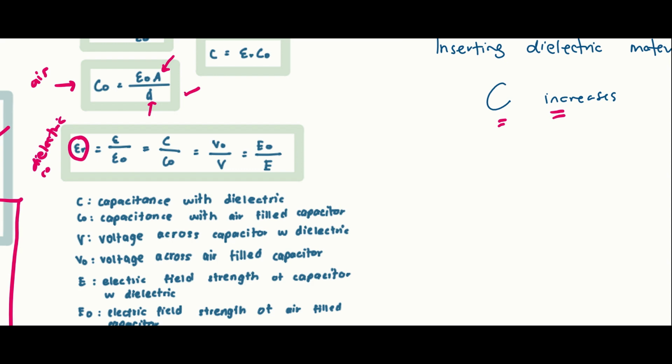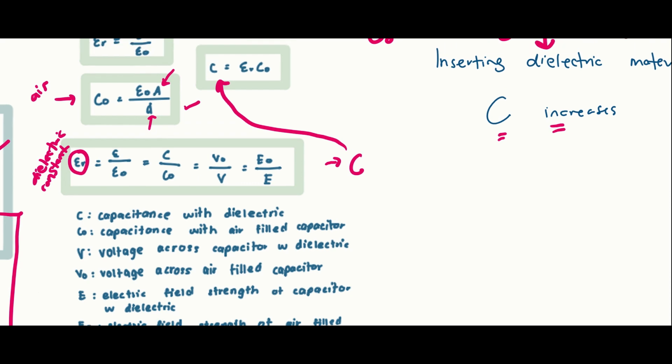It is applied when you want to calculate the capacitance with dielectric. So now your equation becomes C equals the dielectric constant times C naught, or you can express the capacitance with dielectric as epsilon r epsilon naught A over D.